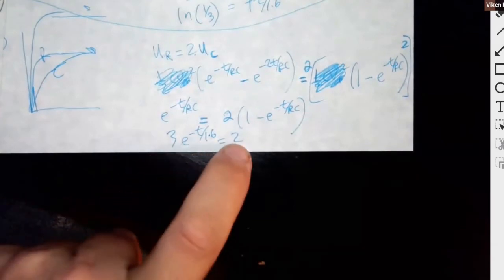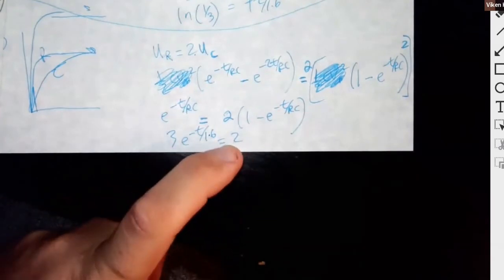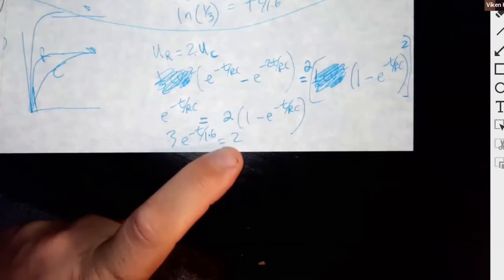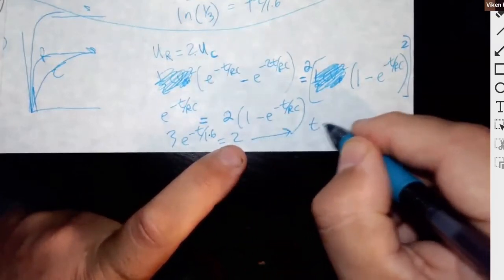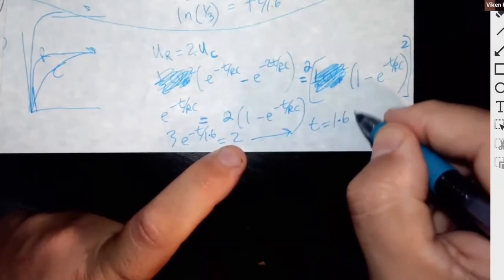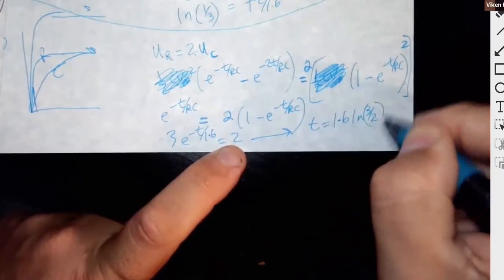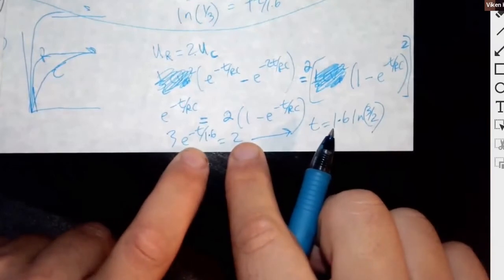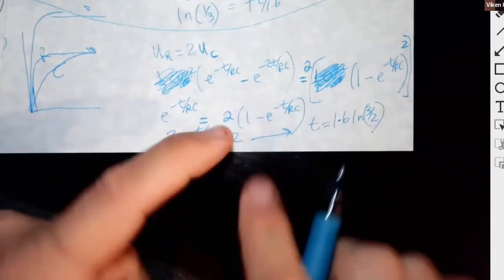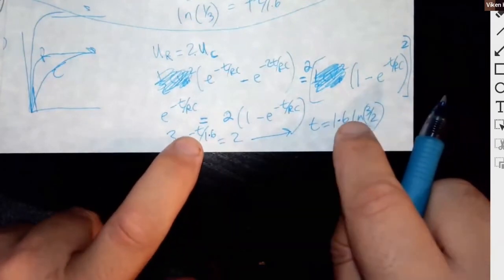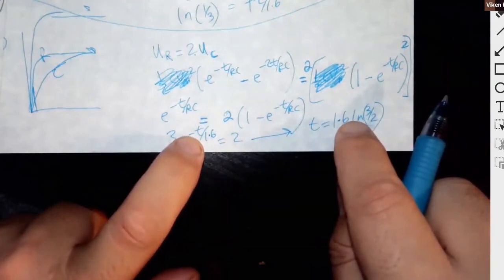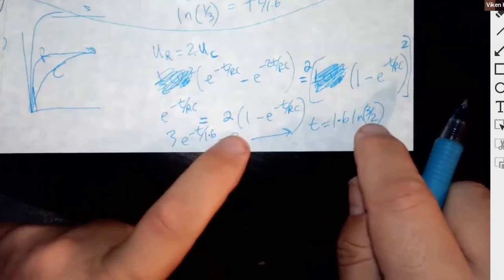And then you're going to have 2/3, ln of 2/3, right? So you're going to have t is equal to 1.6 ln of 3/2. Because ln of 2/3, you're going to flip that. You're going to have ln of 3/2 and then 1.6. Okay, so this negative will flip the 2/3. Okay, so let's see here.